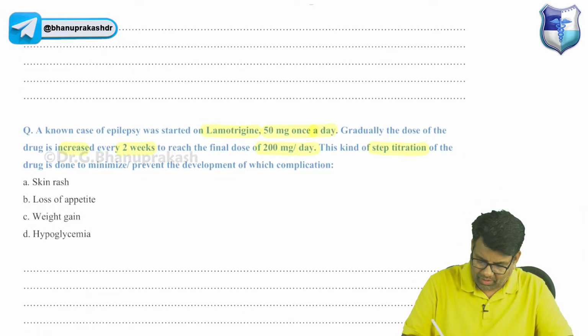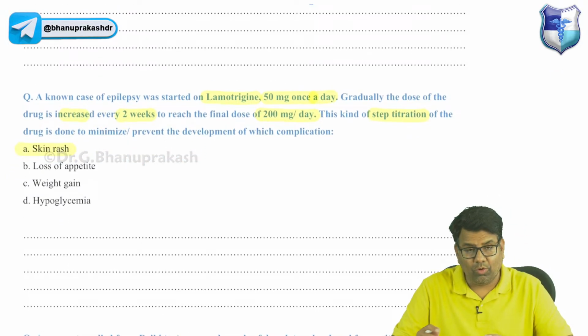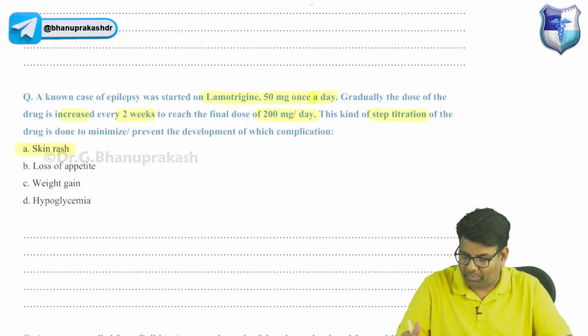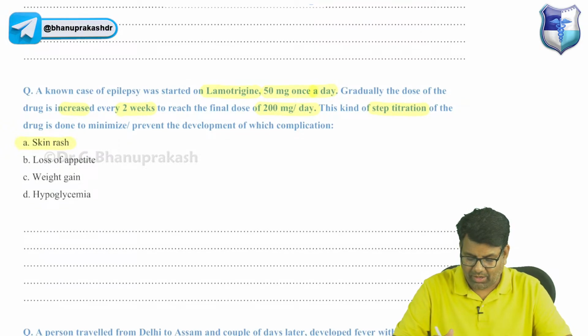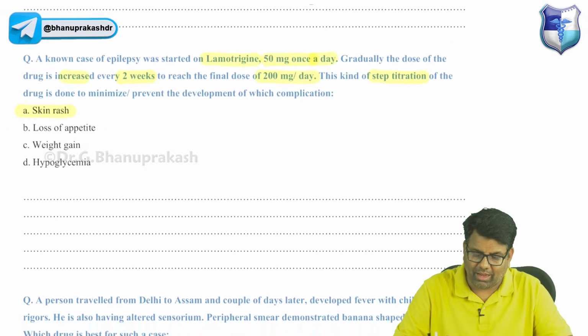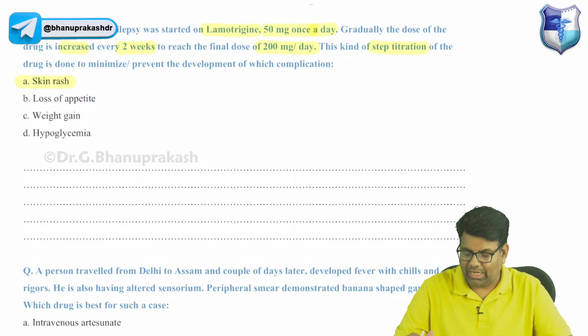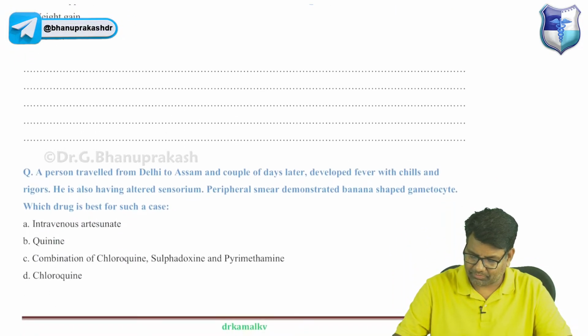Any idea? Yes, it is very important to make sure that the whole desired dose of lamotrigine is not started at once. It is gradually increased over a period of time till the desired dose. If you give the entire dose from day one, that can lead to the development of skin rash. Very good. This is very important. The dose has to be gradually increased till the desired dose for lamotrigine.